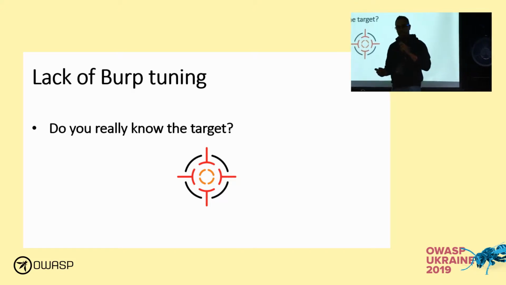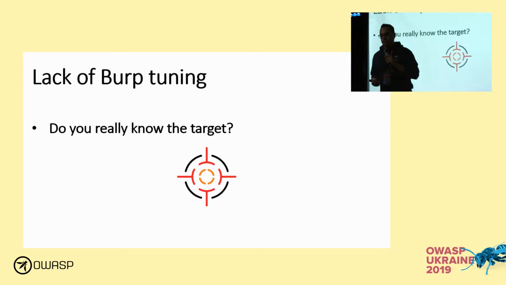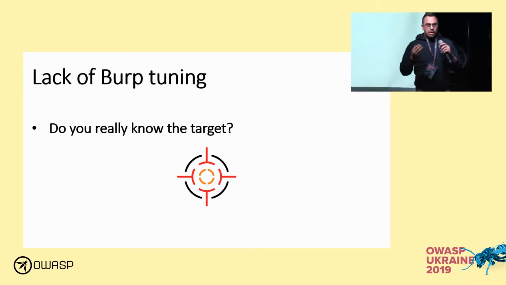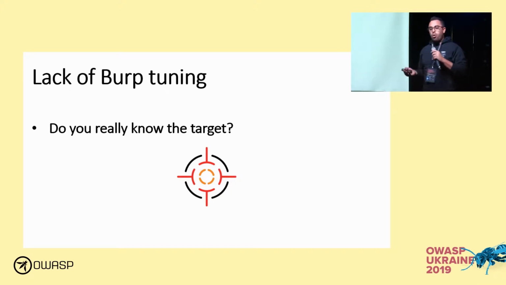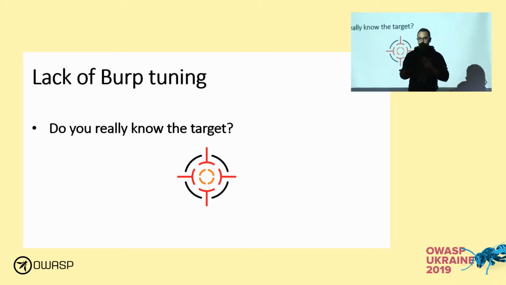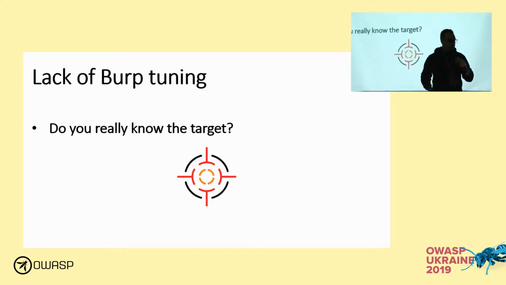About the target, do you know the technology behind the application? Do you know, let's say, the code behind this application? If you don't know, it's normal to keep it in the full state.